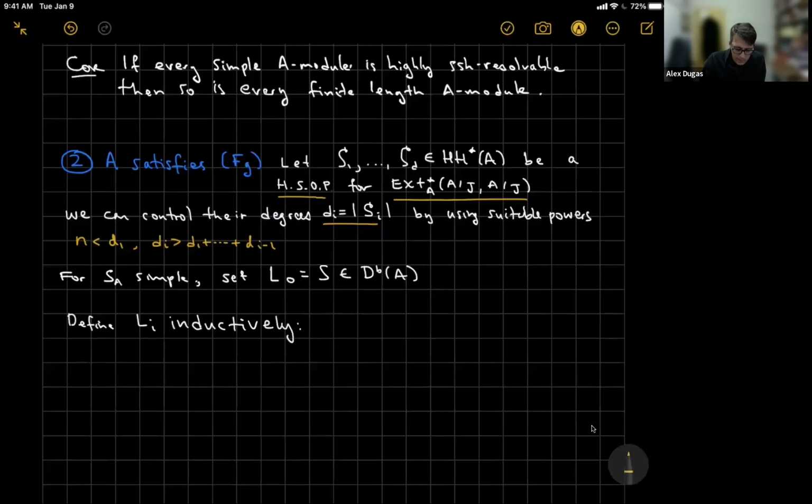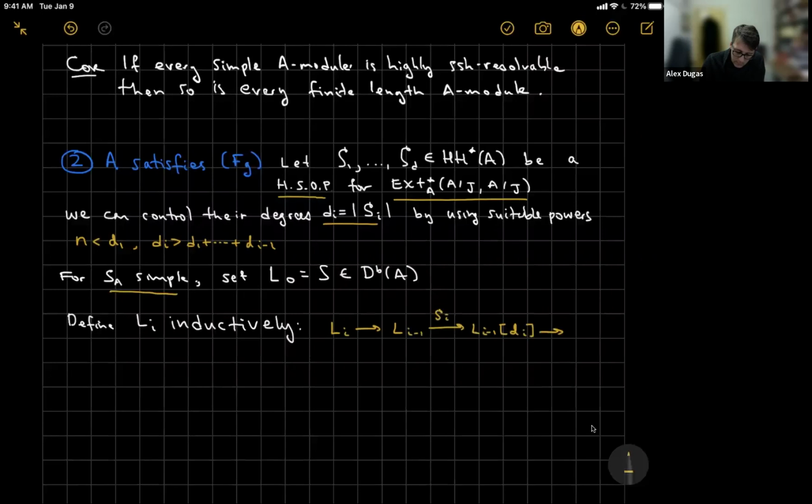And so now if we have a simple module S, we can start off with L0 being this complex S in the bounded derived category. And we can define these further complexes inductively. So Li is going to be the co-cone of the induced map given by zeta i from Li minus 1 to the dith suspension of Li minus 1.